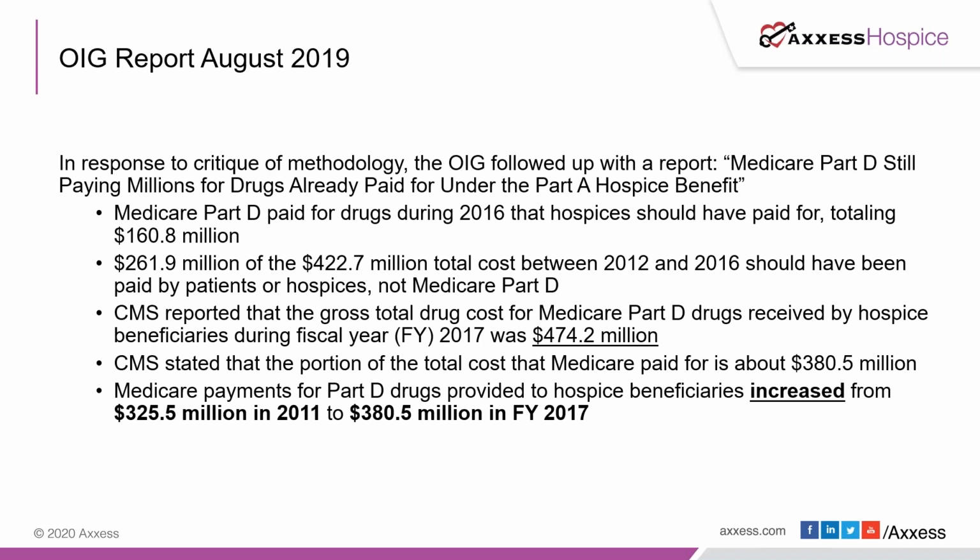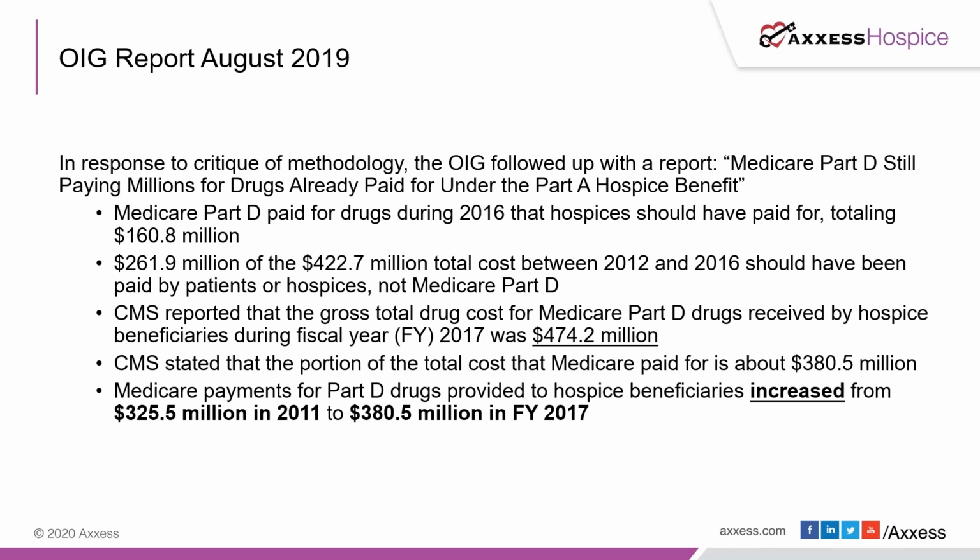You can see that they're giving these numbers: in fiscal year 2017, it was $474.2 million in Medicare Part D drugs received by hospice beneficiaries, and the Medicare part was $380.5 million. Then there were co-pays as well that were being paid by the patients and families.